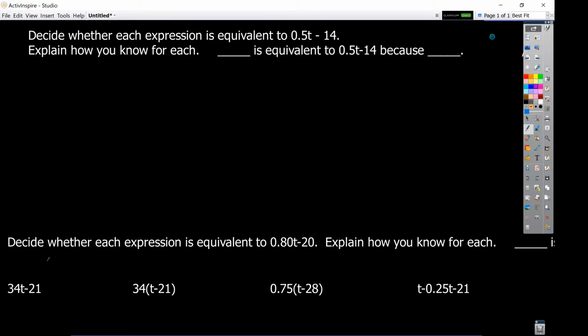Okay, so I notice there's a problem. This should be 3/4, and I think I need to edit that too. Give me a moment here, and what I'm going to do is edit that. That should say 3/4 times, parentheses t minus 21.